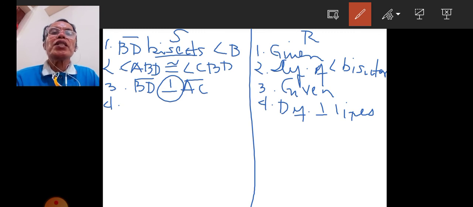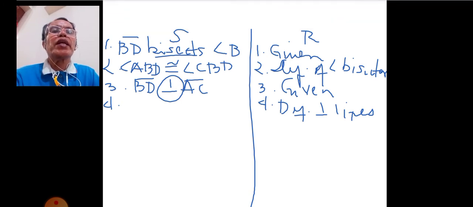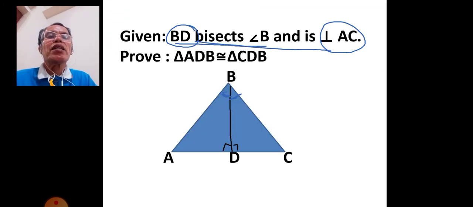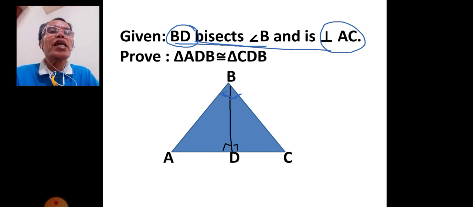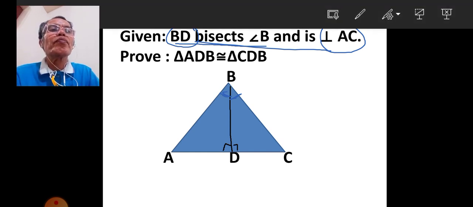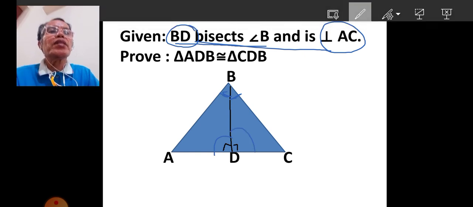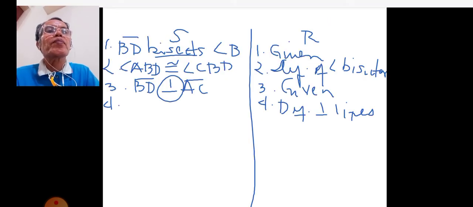Therefore, in our statement number 4, we are going to state the two right angles being formed by perpendicular lines. So they are angle ADB, this angle, and this angle.